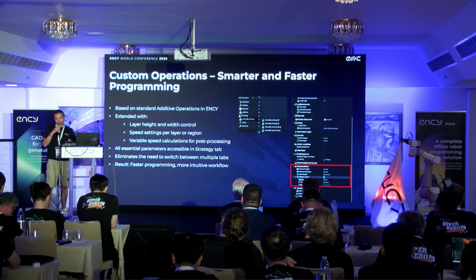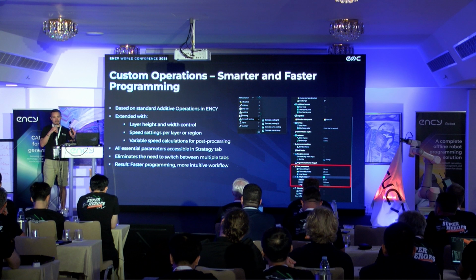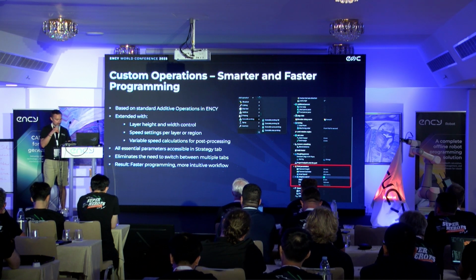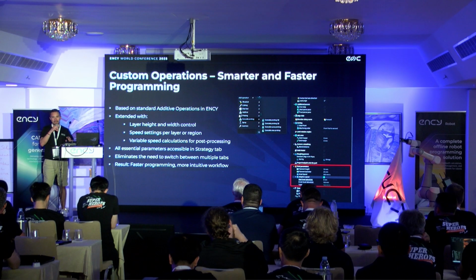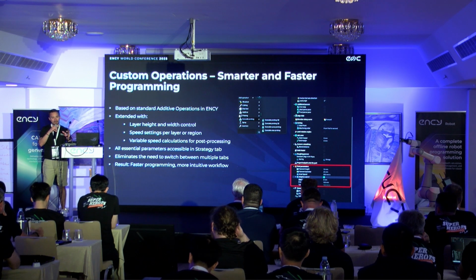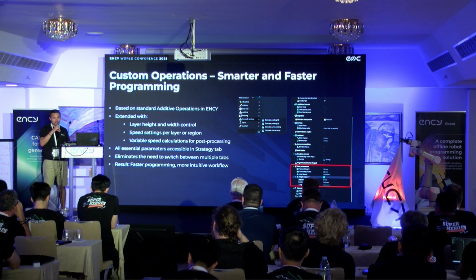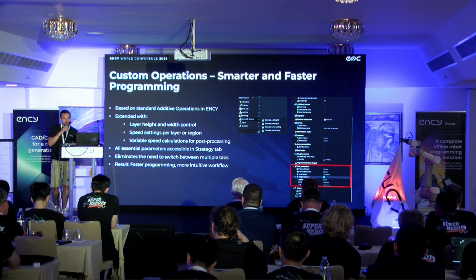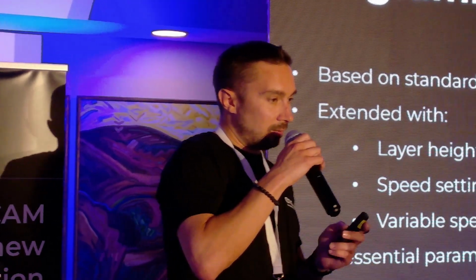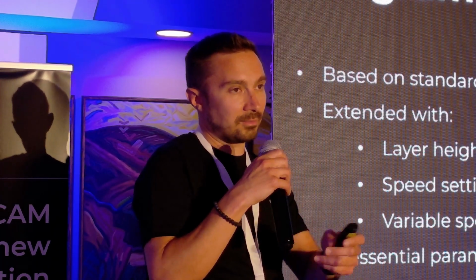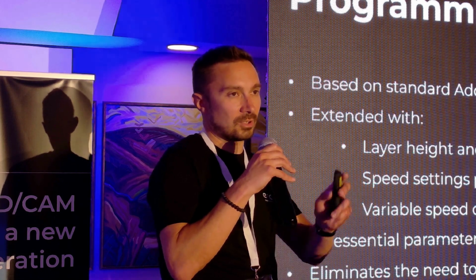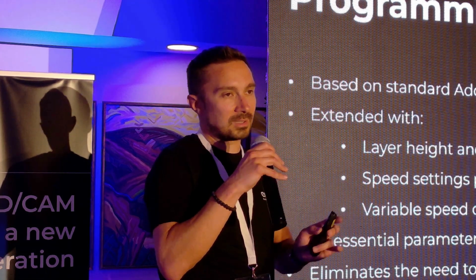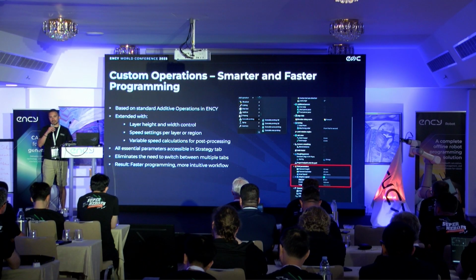I would like to give him all parameters in one tab, and I integrated all parameters in one tab of settings of the operation, where he can change the layer height, layer thickness, and some additional parameters for printing. And as a result, it is faster because I have prepared parameters for some average print, and he can quickly change just 2 or 3 parameters and start generating toolpaths.